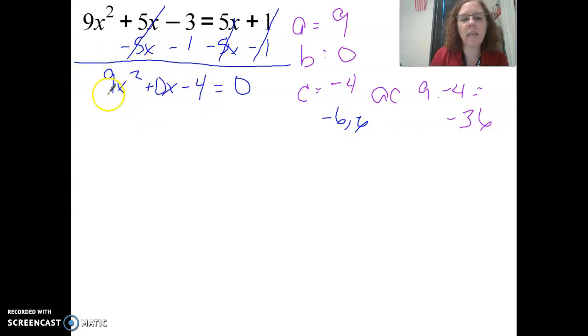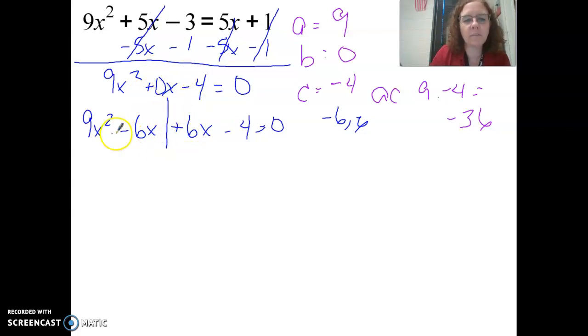Should we replace the A term, the B term, or the C term? Right, we're always going to replace the B term. All right, so let's substitute that in there. The two numbers that we found were negative 6 and positive 6, and negative 6 plus 6 equals 0, so we didn't change the value at all, we just rearranged it.